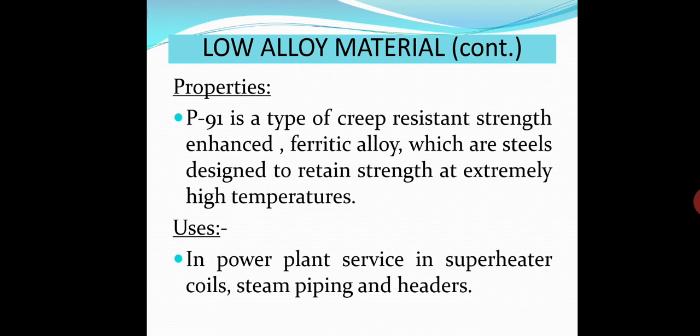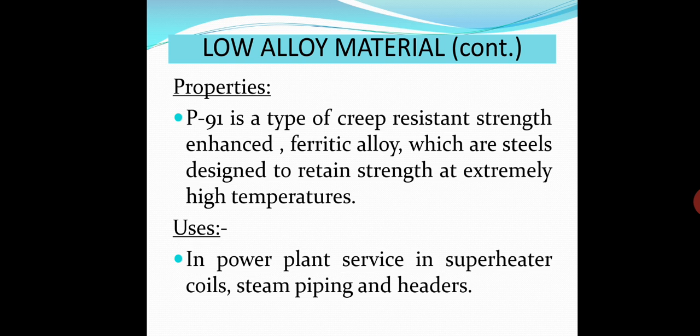We have already discussed high alloy materials, that is super duplex stainless steel and duplex stainless steel. The significant property in that case is corrosion resistance in chloride atmosphere. Here the major property is a higher amount of strength at extremely high temperature.